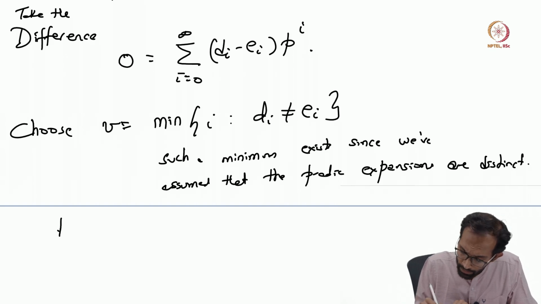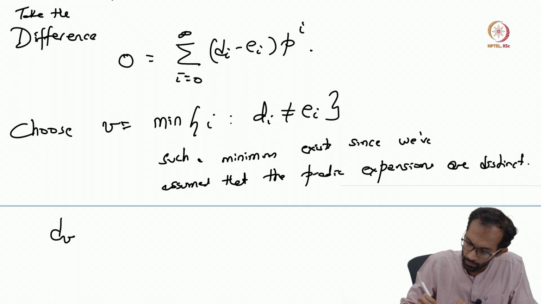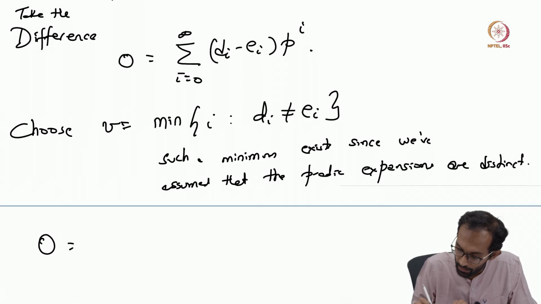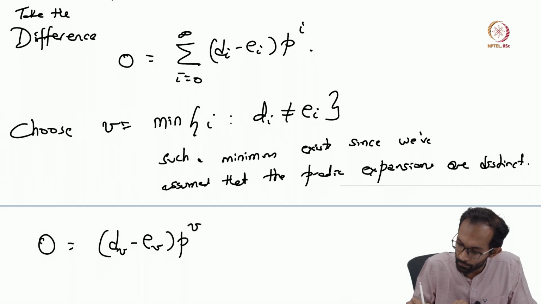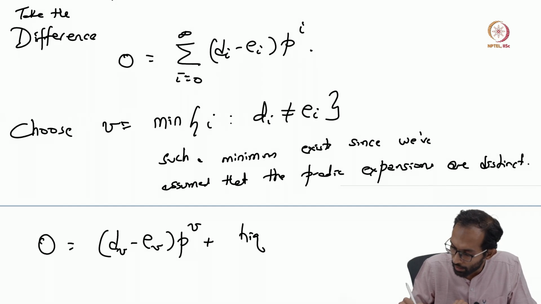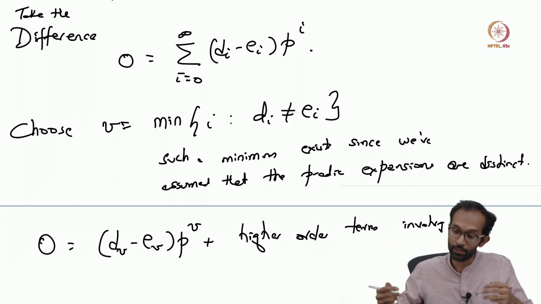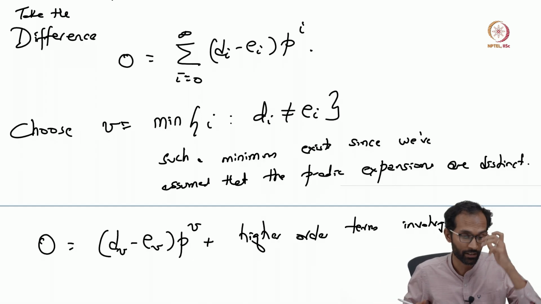And now what we have is that this expansion starts with dv minus ev times p raised to v plus higher order terms involving some p to the i, where all these exponents i are strictly larger than v.